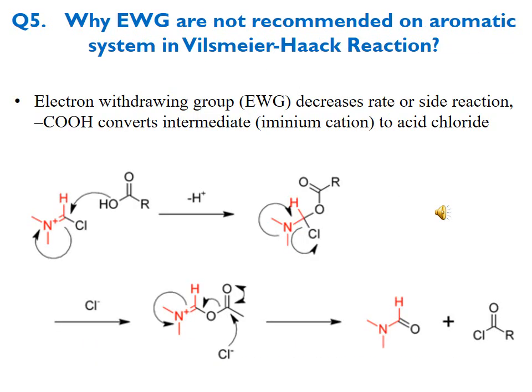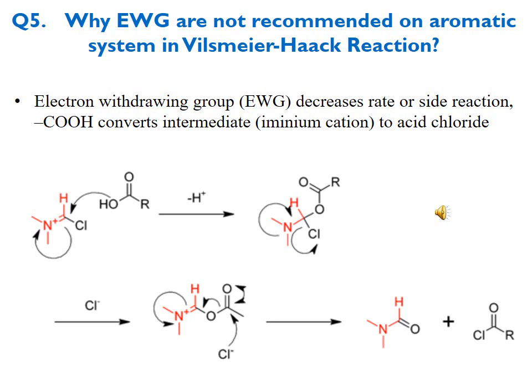Question 5 is about the Vilsmeier-Haack reaction: why are electron withdrawing groups not recommended on the aromatic system? Here you can see a side reaction caused by the electron withdrawing group.